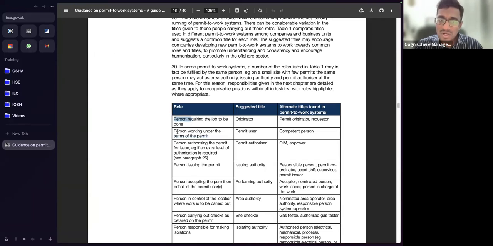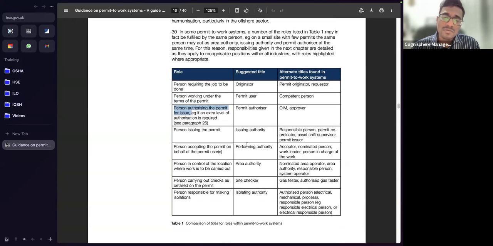And then the people working under the terms of the permit would be, for example, the maintenance staff or the technicians. They are called the permit user. And then the person authorizing the permit for issue is the permit authorizer. For example, it could be someone who is in charge of health and safety for that warehouse. In some places, one person may carry multiple roles. Then the person issuing the permit is the issuing authority.